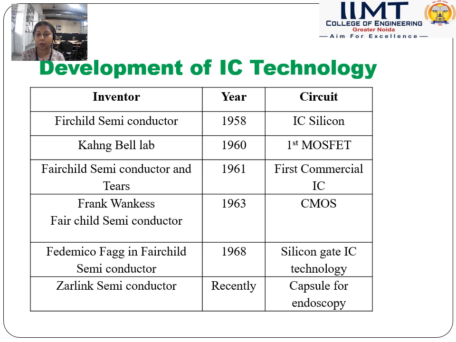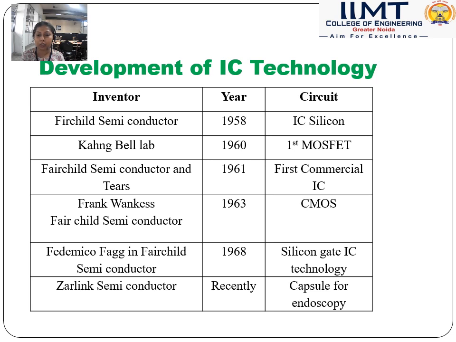Then the first commercial IC was developed in 1961 at Fairchild Semiconductor, and the first CMOS was developed in 1963 by Frank Wanlass at Fairchild Semiconductor.